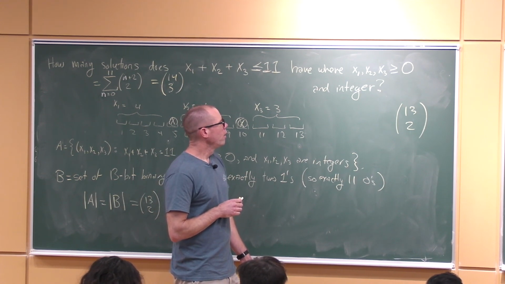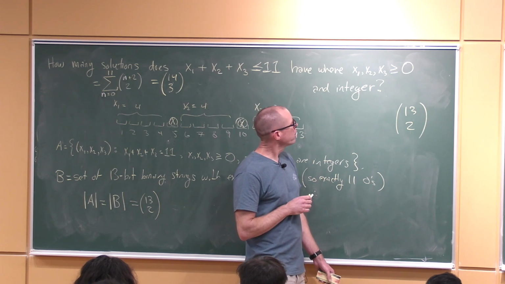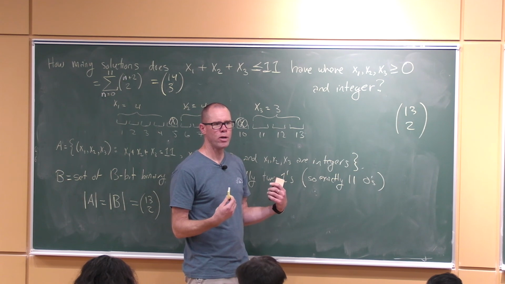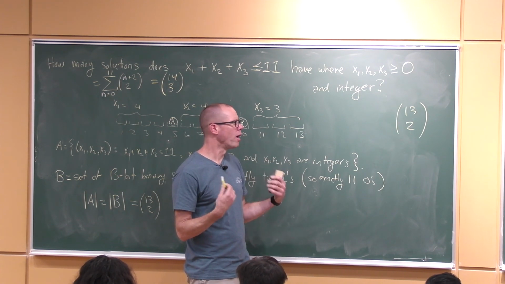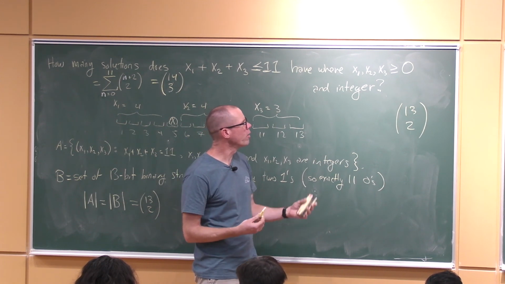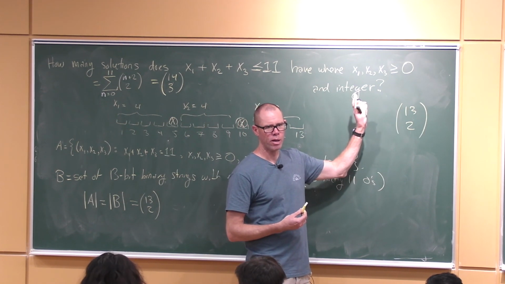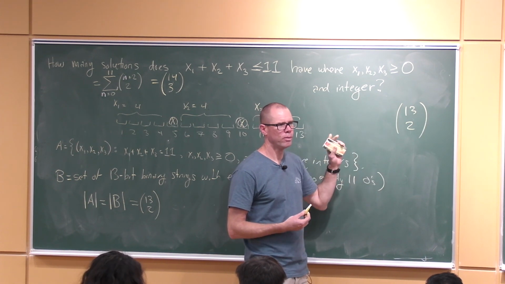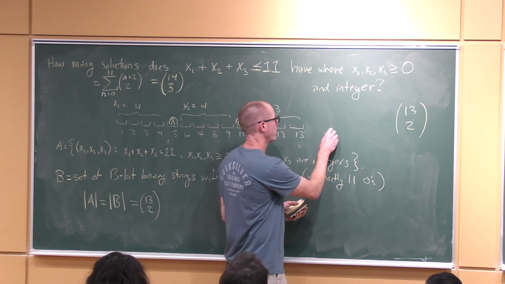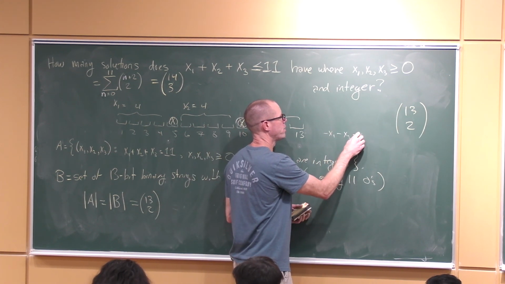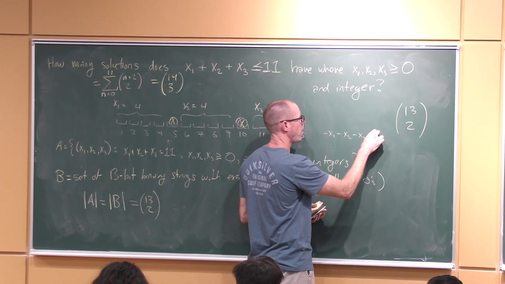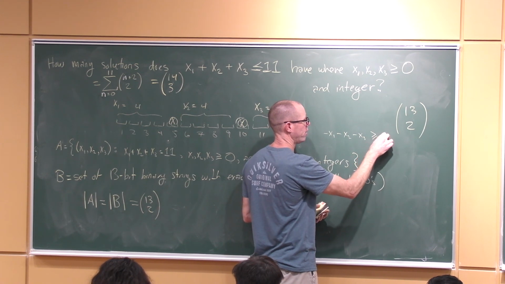Does the same theorem apply? Sure, if everything is negated, then you can just multiply both sides of the equation by -1. If it's an equality, that's no problem at all. If it's an inequality, when you multiply by -1, you have to invert the inequality. So it will apply to things like minus x1, minus x2, minus x3 is bigger than or equal to minus 11.